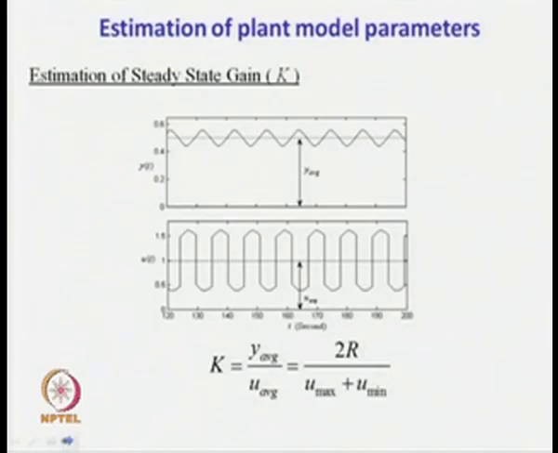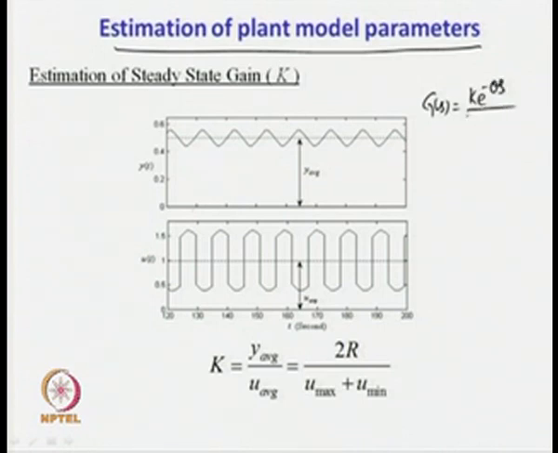Now, how can we estimate the plant model parameters? Assume a transfer function model of the form G(s) = k e^(-theta s) / (T s plus minus 1) for the dynamics of the plant.